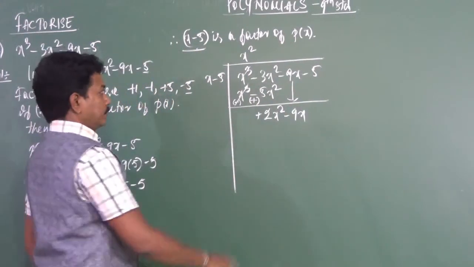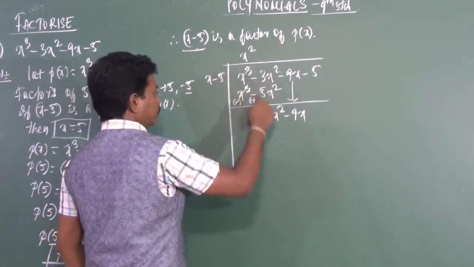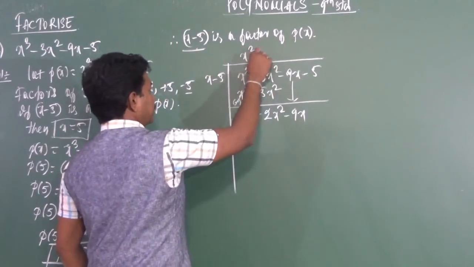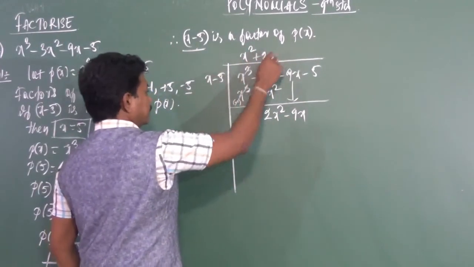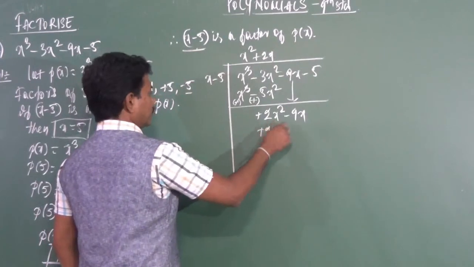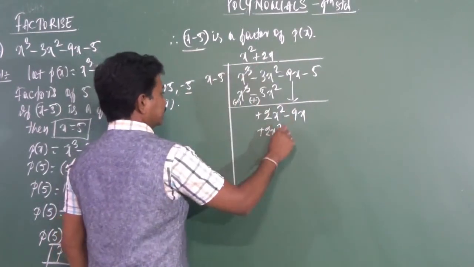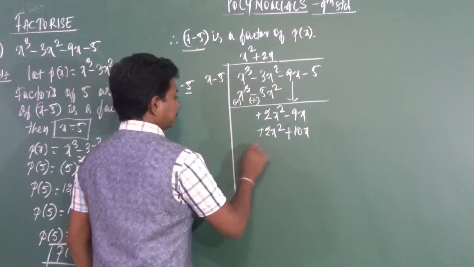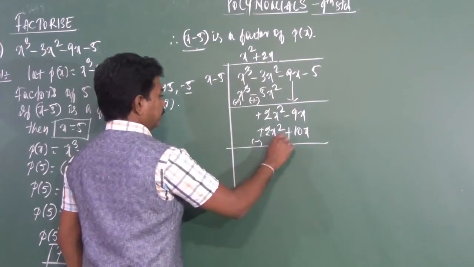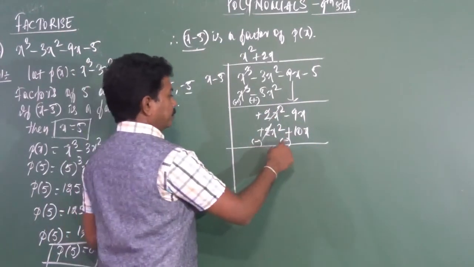Right. So x into what gives you plus 2x square, that is plus 2x. x into plus 2x is plus 2x square, minus 5 into plus 2x is minus 10x.